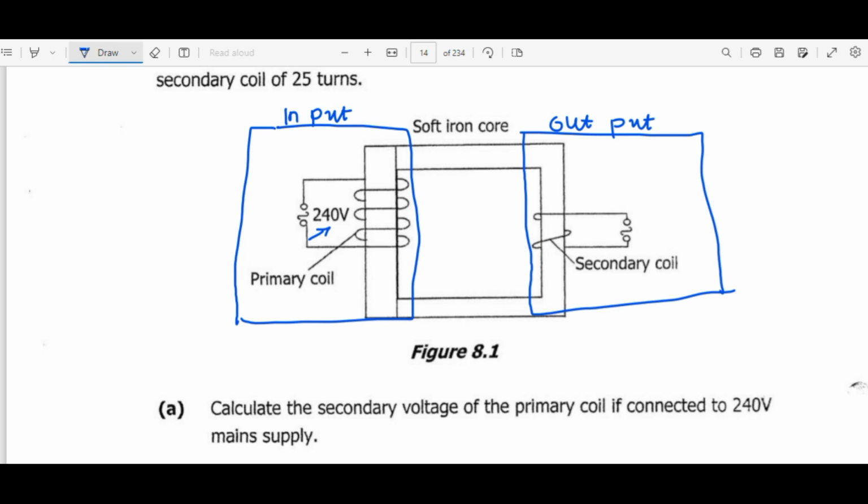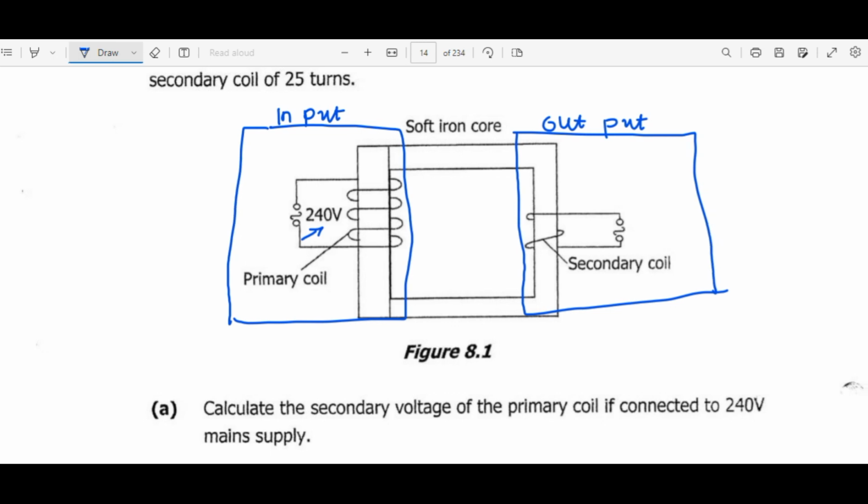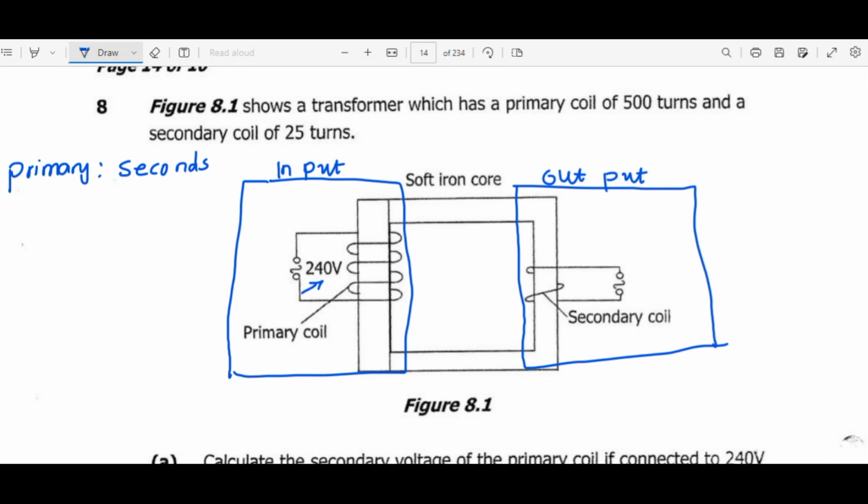So how can we find this answer? We begin with the primary, then we'll have our secondary. Let's look at the number of turns. For the primary, we have 500 turns. Then on the secondary, we have 25.